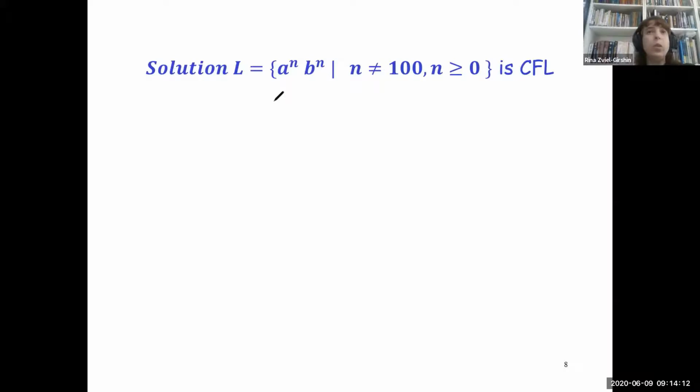I will use closure operations to show it, but I also wanted to show you that you could write the grammar for this language.